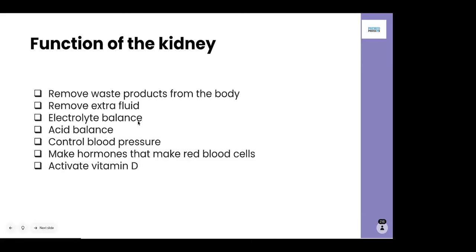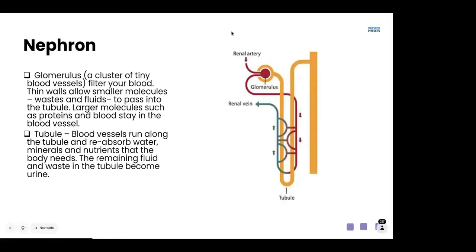So they communicate with the heart, and I'll show you how that works later. But essentially, the kidneys can control your blood pressure. They also make hormones that make red blood cells, and they activate vitamin D. So you can see there's a lot of functions that you might not necessarily associate with the kidneys, but the kidneys are very, very useful.